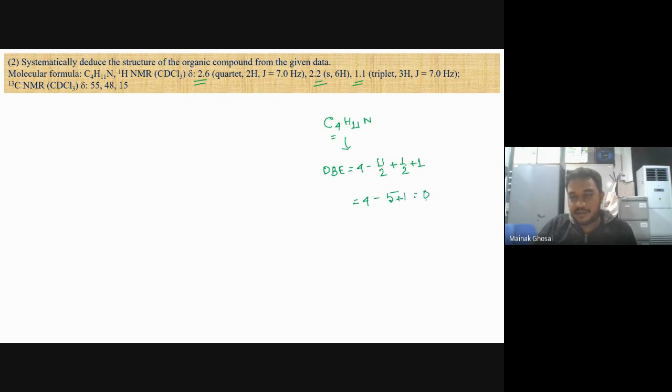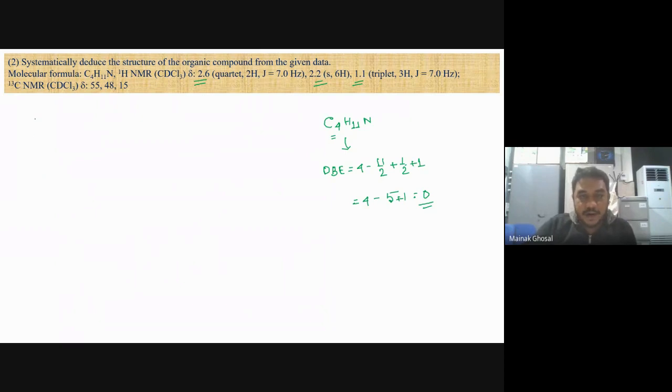So there will be 0. That means no double bond equivalent system is present in the molecule. So this is a completely saturated compound. No unsaturation is there.